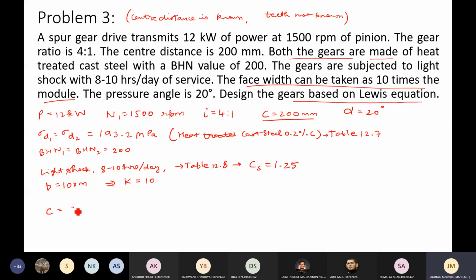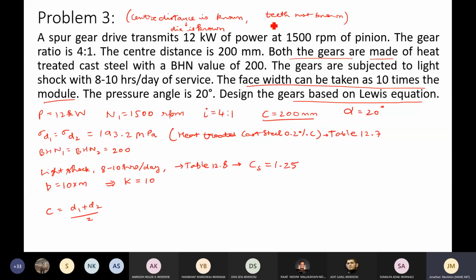C is equal to d1 plus d2 by 2, just as we solved for the previous problem. So center distance is known means diameter is known. Till now in the two problems we solved, teeth were known, diameter was not known, but this is exactly the reverse case where diameter is known but the number of teeth is not known.